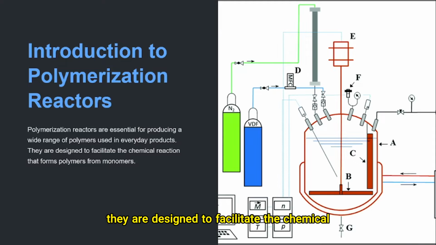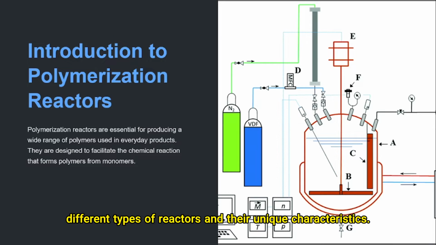They are designed to facilitate the chemical reaction that forms polymers from monomers, to select the most appropriate reactor for specific polymerization processes. Of course, it's crucial to understand the different types of reactors and their unique characteristics.